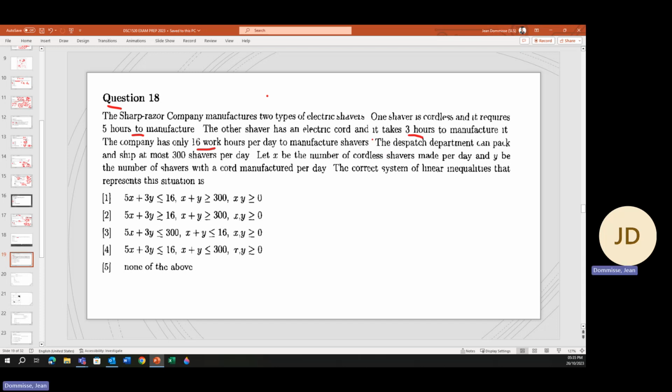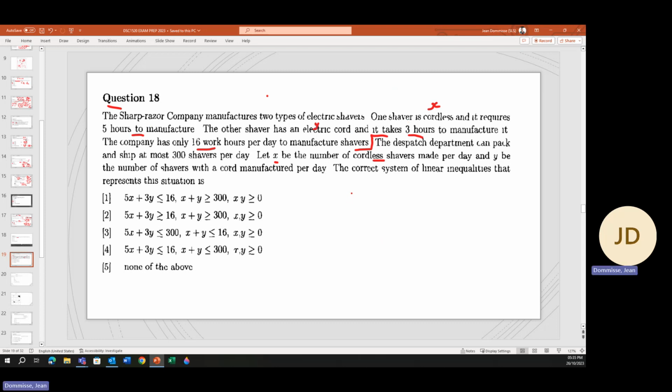Okay, so let's look at that first. They say let X be the cordless and let Y be the electric. So I'm just first going to look at that.